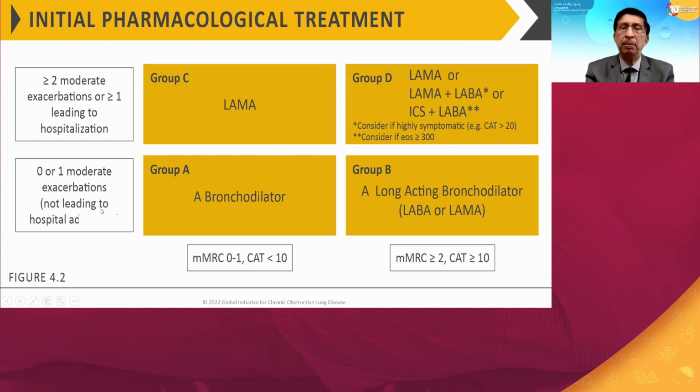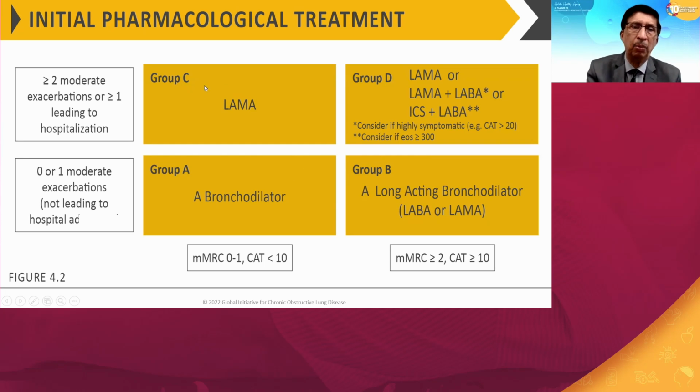So starting from a normal, simple, short-acting bronchodilator, we progress on to a long-acting beta agonist or a long-acting muscarinic agent. But most of our patients unfortunately are not diagnosed in the A and B groups.